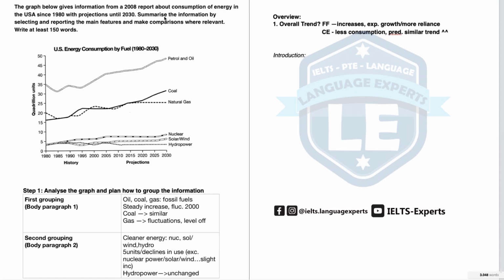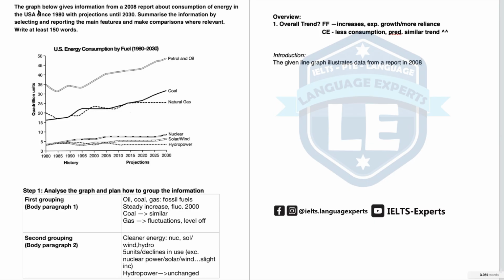And remember, we're just going to paraphrase this prompt. We're going to paraphrase the question task, and I'll show you exactly what that looks like. So it says here, the graph below gives information from a 2008 report. So I'm going to say the given line graph illustrates data from a report in 2008.